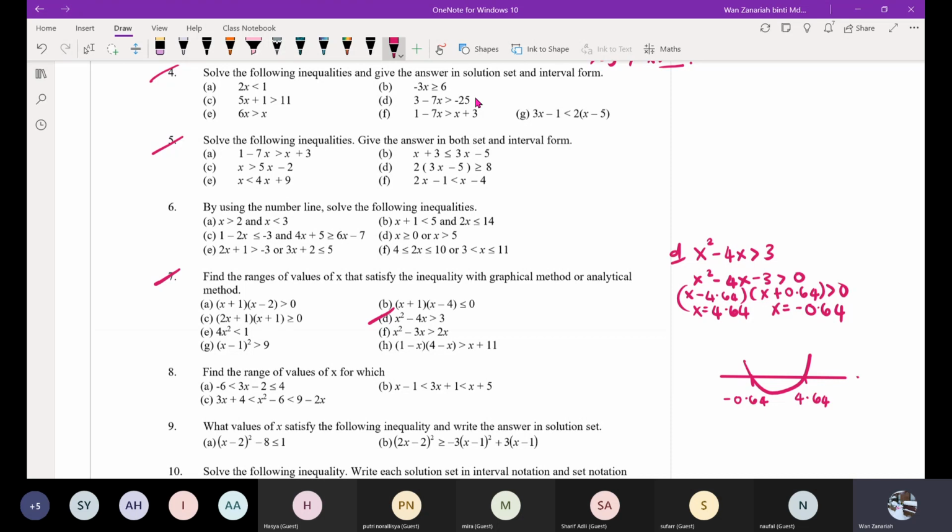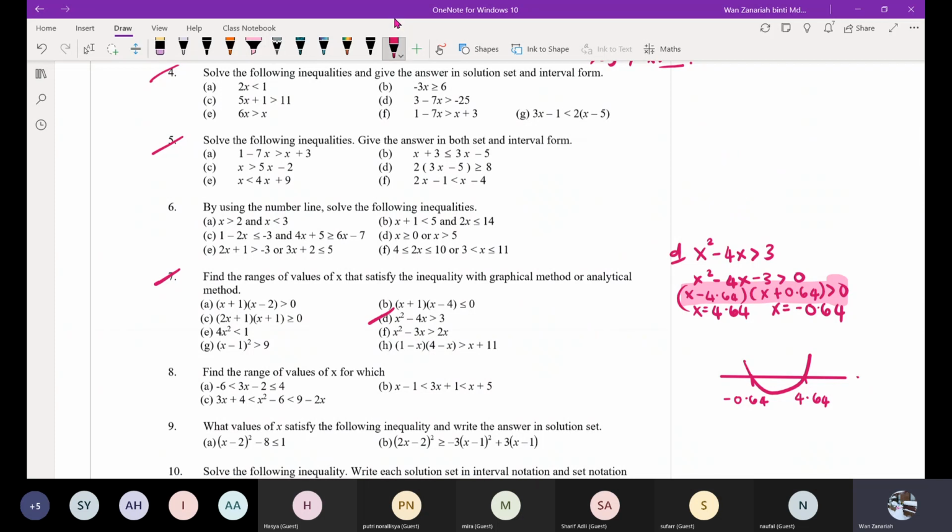Okay, so do we want above or below? We look at what we want. We want greater than 0. So y greater than 0, above or below? Above. Okay, the positive y is above.